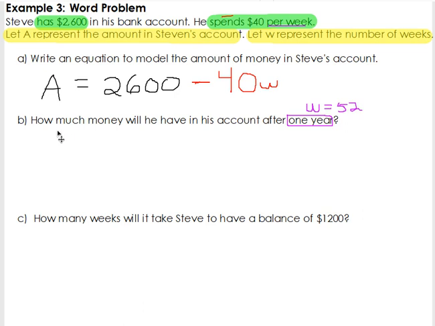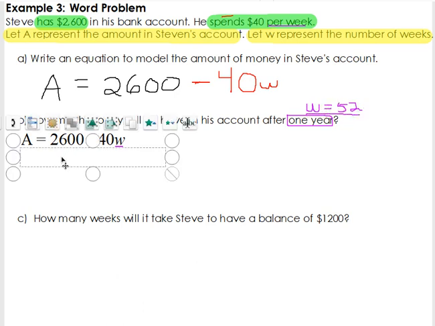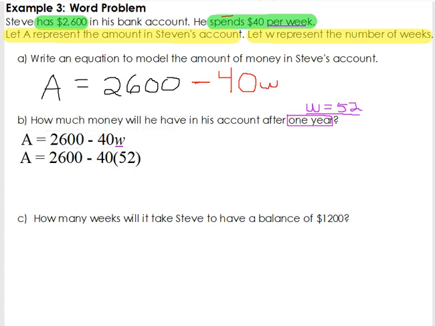So we're going to first start off with our equation, 2600 minus 40W. We're going to replace this W with what W equals, 52. 2600 minus 40 times 52. Now I go to my calculator and ask, what is 40 times 52?